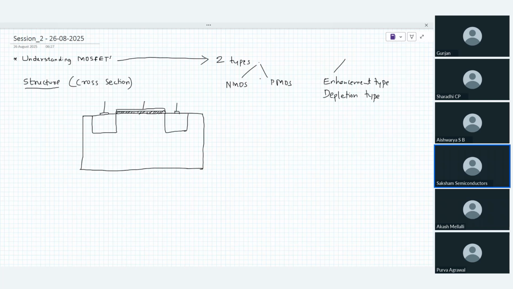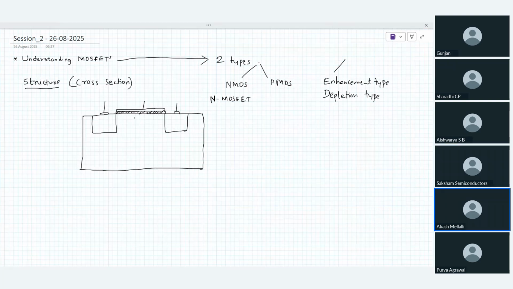Okay. Now, when I say NMOS, it means N MOSFET, but what does this N stand for? Anyone? N stands for N type MOSFET, we say, but what is this N type in this entire MOSFET structure? Where do you define that N that will justify this name?